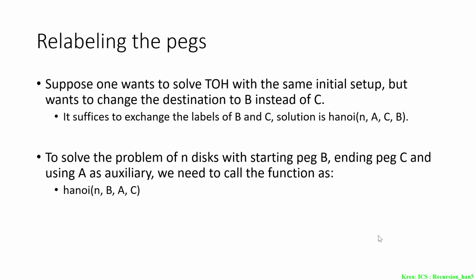The function call will simply be Hanoi of n, same number of disks, start on A, use C, and end up on B. We can also solve the problem with a different starting peg completely. So if all the disks were on B initially, and I want to end up on C and use A as auxiliary, then Hanoi n B A C is the function call we are going to make.